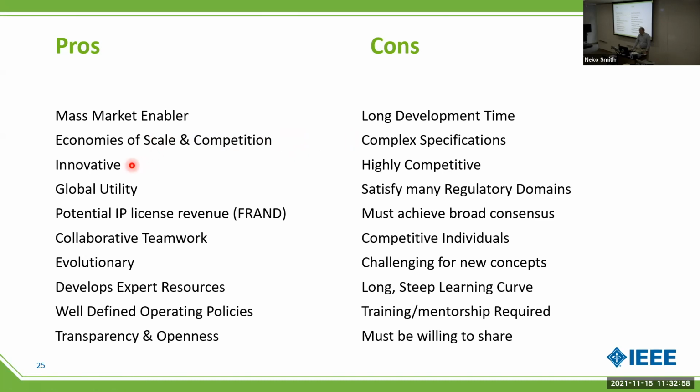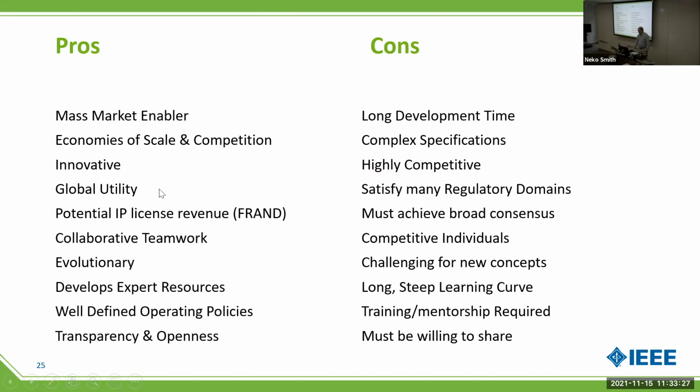It's innovative. Industry does bring innovative new ideas into 802 constantly. And when we're meeting face to face, this happens on a regular basis. We're very responsive to the marketplace, but it is highly competitive. There's no guarantee that if you bring a new idea into 802, that idea is going to be endorsed and adopted into a standard.